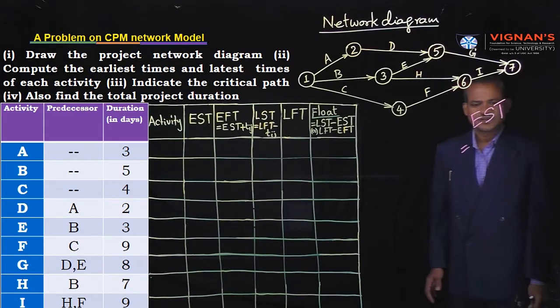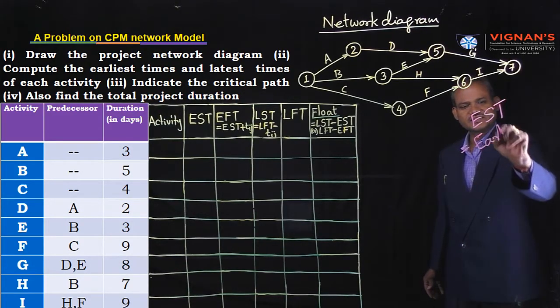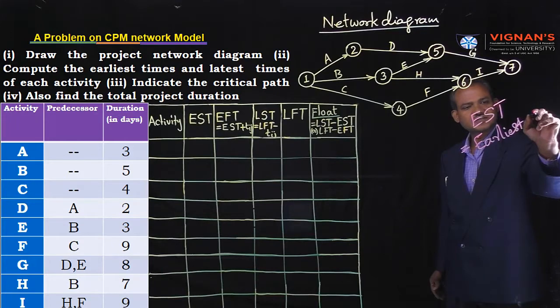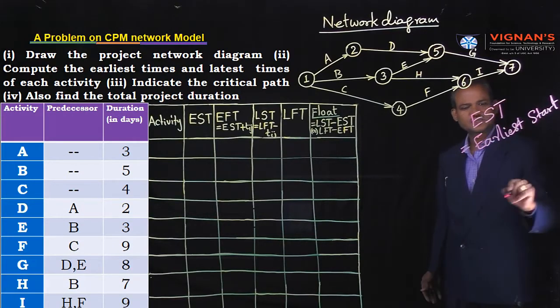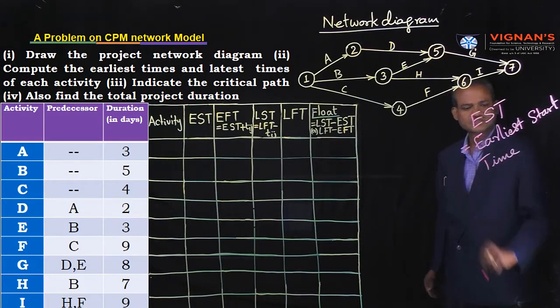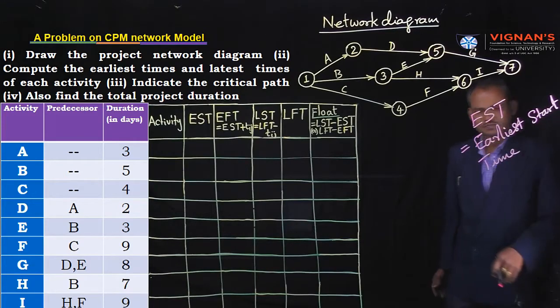E means earliest, S means start, T means time. So EST means earliest start time.